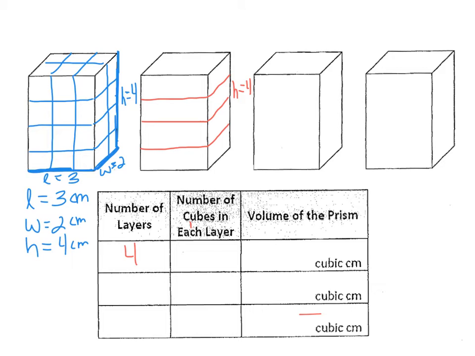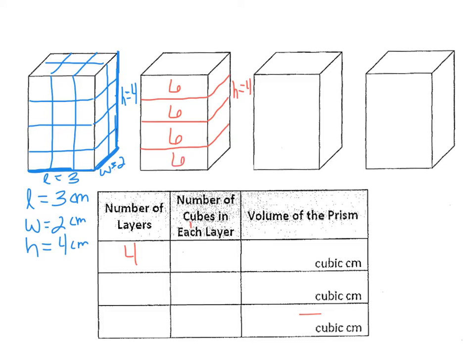Well, going back to my original rectangular prism, am I going to count my base, or am I going to count the top to figure out the volume of each of these 4 layers? Well, which one can I see all of the cubes for? The top. So let's count. 1, 2, 3, 4, 5, 6. So I know that each of these layers has a volume of 6.